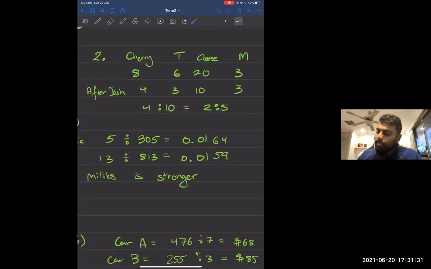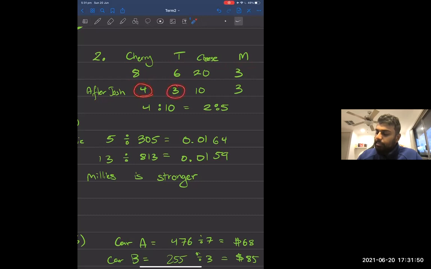Okay, so there was 4 items. There was a cherry, there was the Tim Tams, the cheese sticks, and the muffins. There was 8 cherries, 6 Tim Tams, 20 cheese sticks, and 3 muffins. Josh ate half of each, right? So he ate 4 cherries, so he's left with 4.